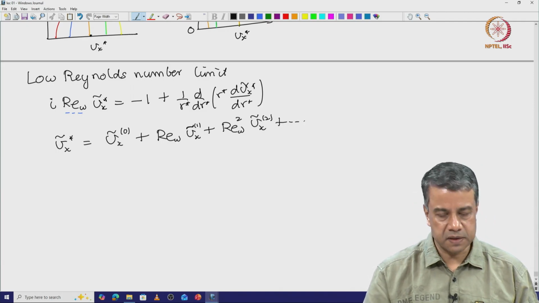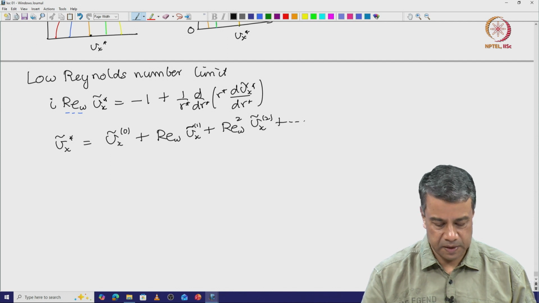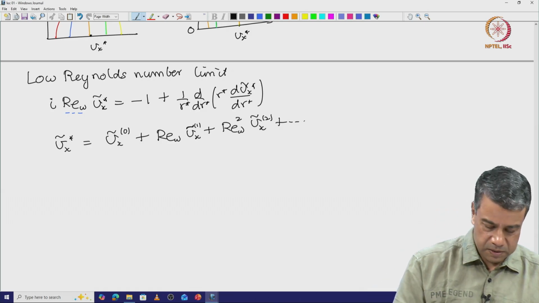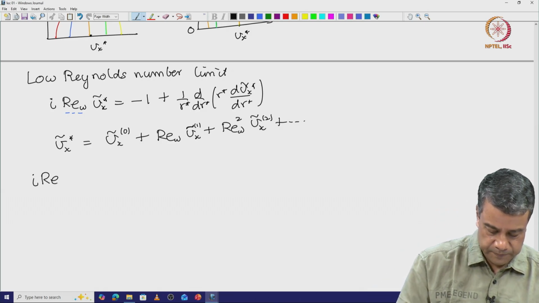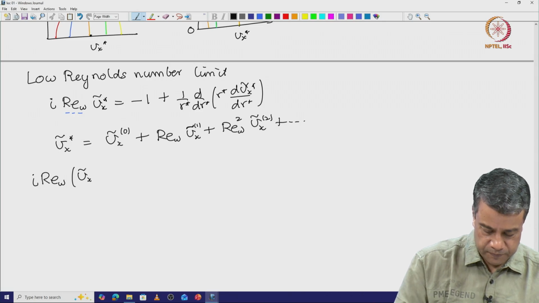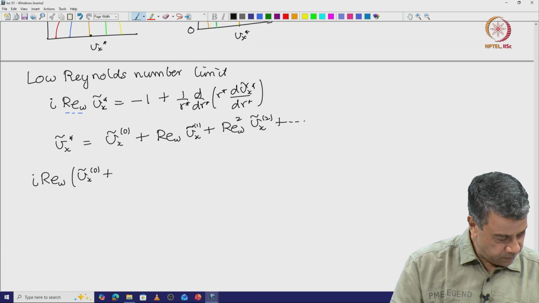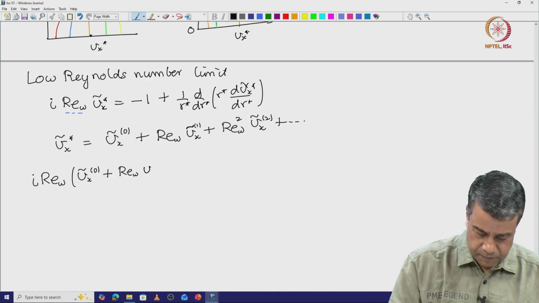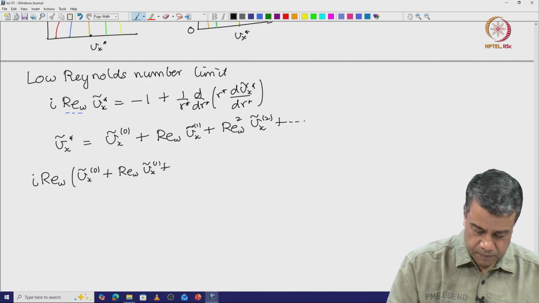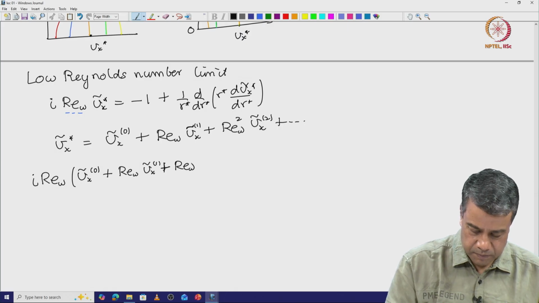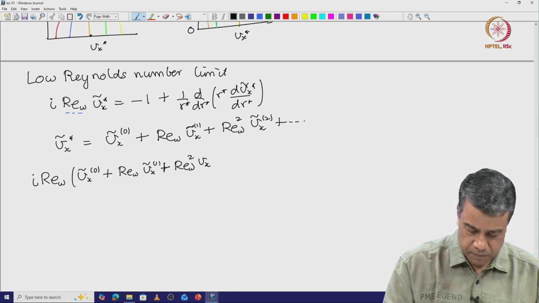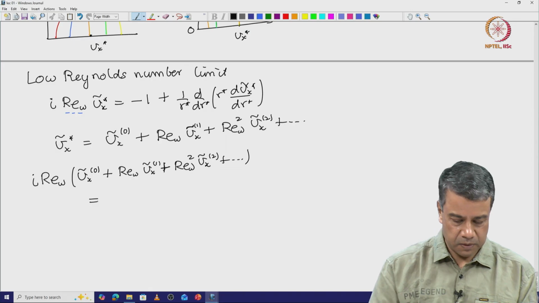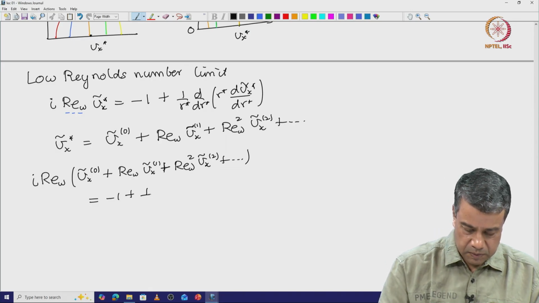Since this parameter is a small parameter, we can expand in the small parameter and substitute into the equation. So, I will get, plus etcetera, that is the left side is equal to minus 1 plus 1 by R star.